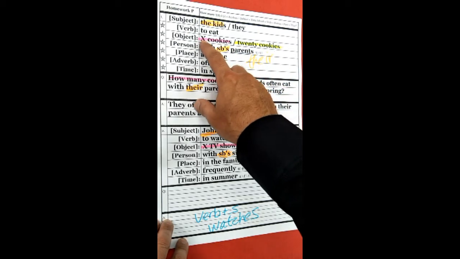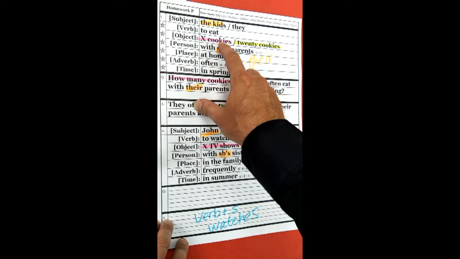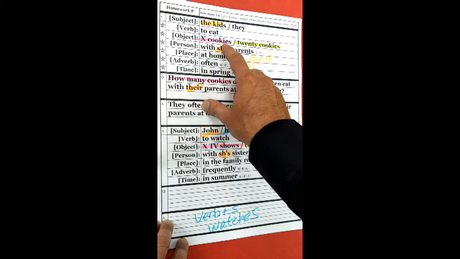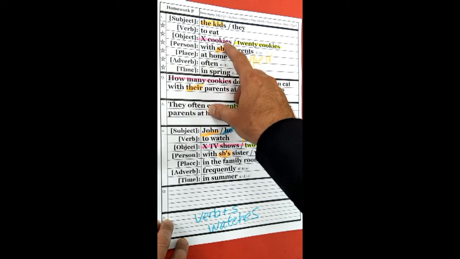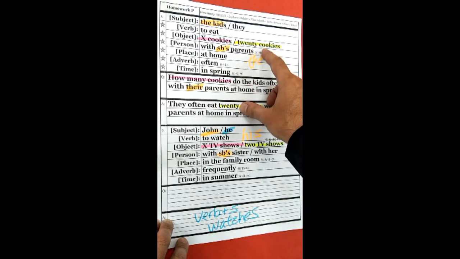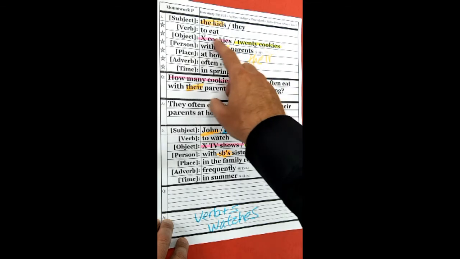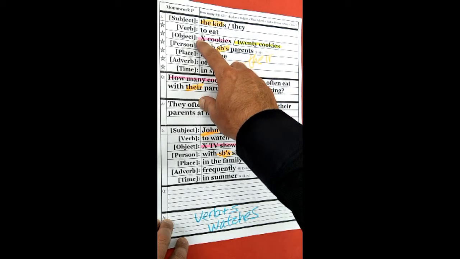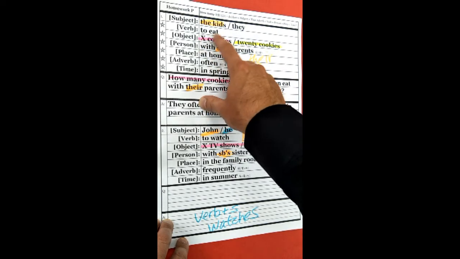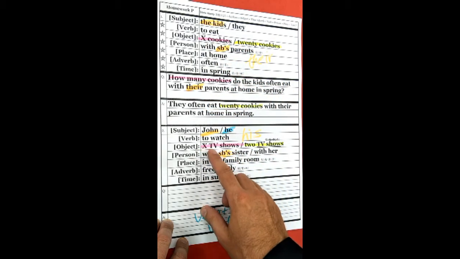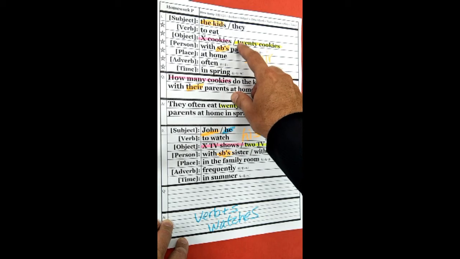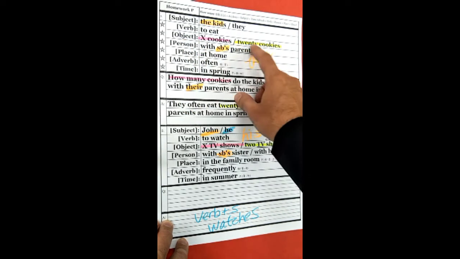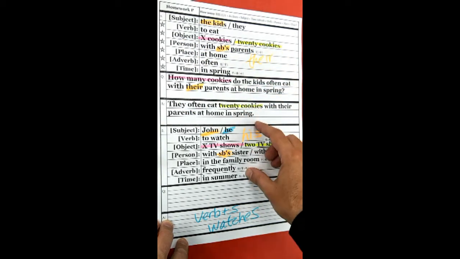So, for the question, I'm going to color pink. For example, X cookies. So we're going to say, how many cookies? The answer, I'm going to color yellow. So for every question, I want you to color pink the how many cookies, how many TV shows. And then we're going to color the answer. Remember, the answer is the object, yellow.